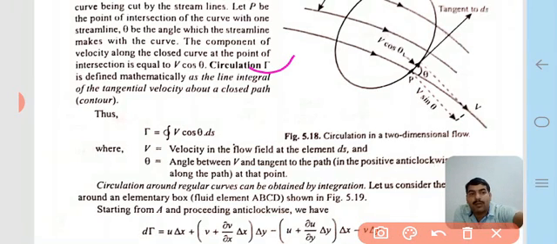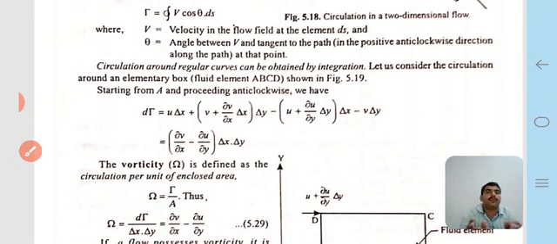V is the velocity in the flow field at the element ds. And theta is the angle between capital V and the tangent to the path at that point, where the positive direction along the path is taken as anti-clockwise.